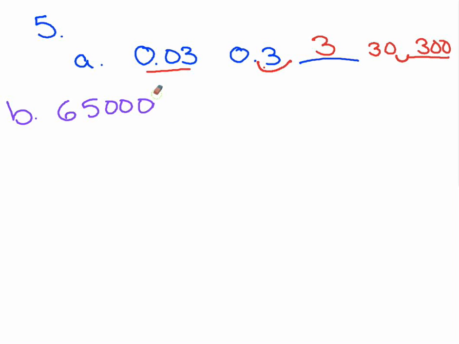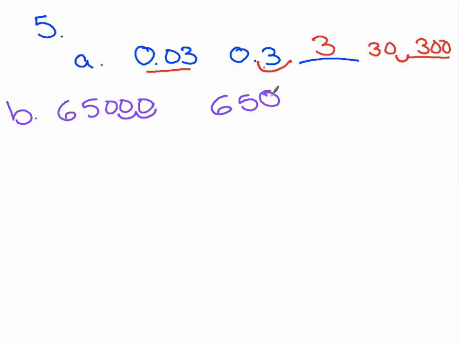So the next one we're on, we're going 2 places to the left, right? 1, 2. What does that leave me with? 650. So that's your answer to your next box.